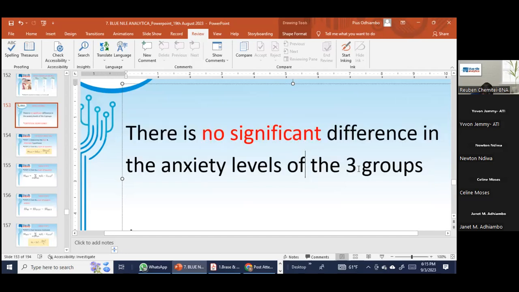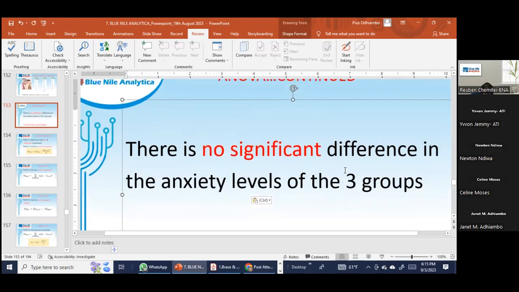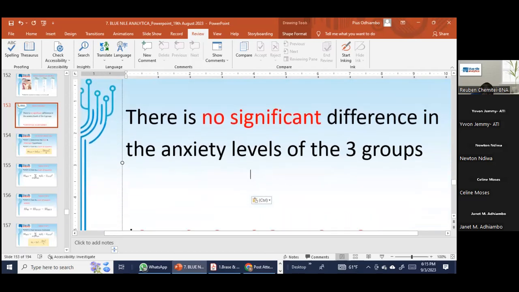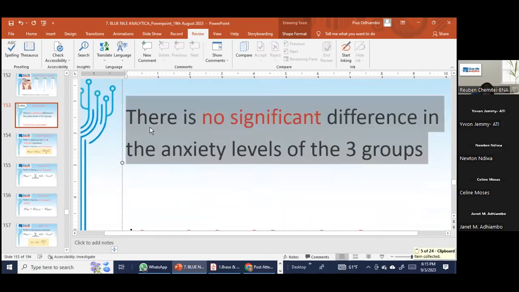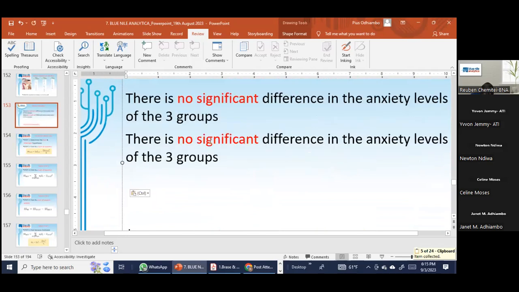If I was to write the alternate hypothesis, it will read the same thing, but you remove the null here.